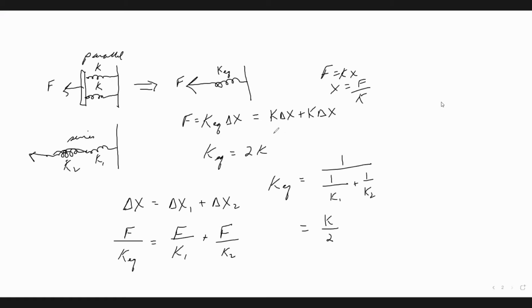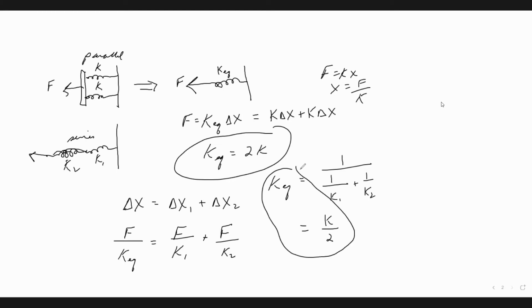So which of these two situations do you think is the stiffer spring? Louis, what do you think? Which is the stiffer of the two? I think it's the series.